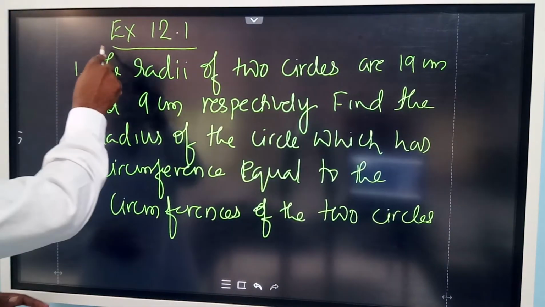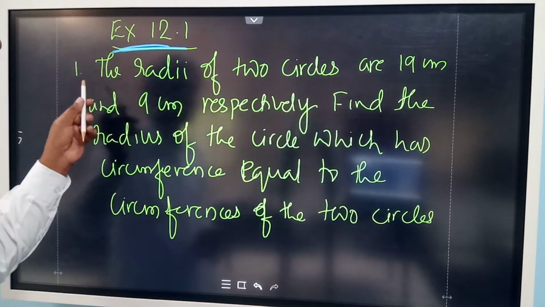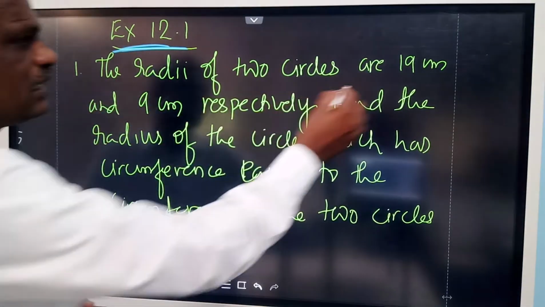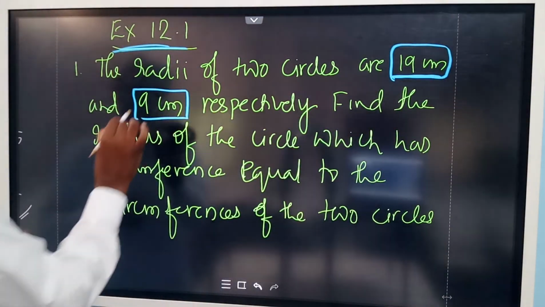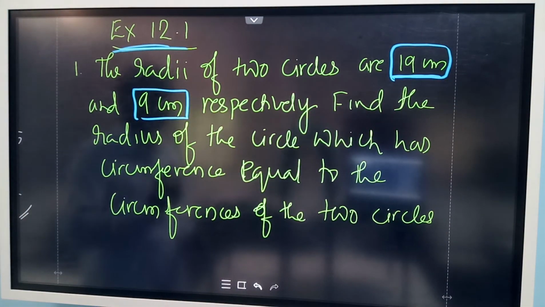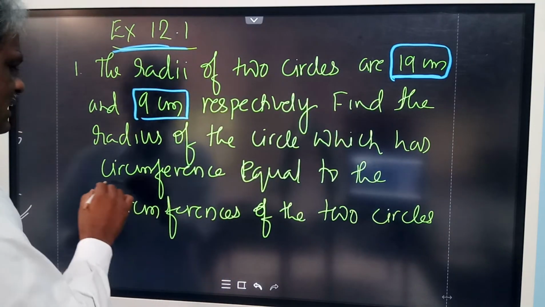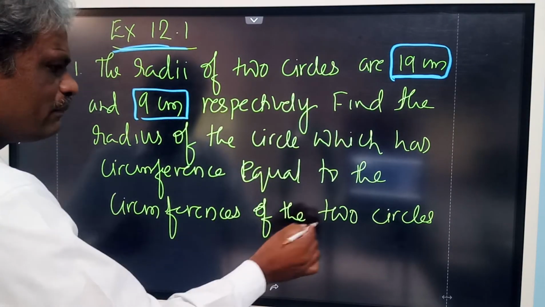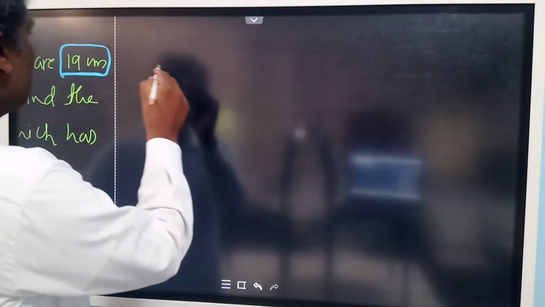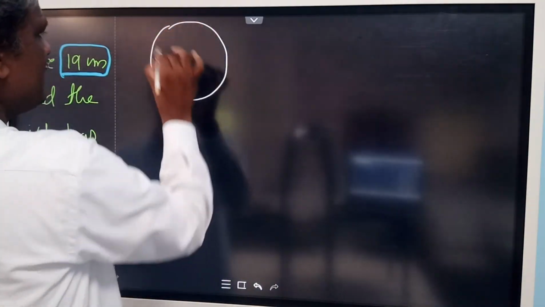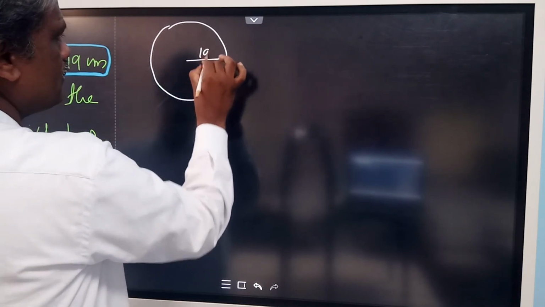Exercise 12.1. First question. The radii of two circles are 19 centimeter and 9 centimeter. Find the radius of the circle which has the circumference equal to the sum of the circumferences of the two circles. See, there are two circles. One is a bigger circle of radius 19 centimeter.